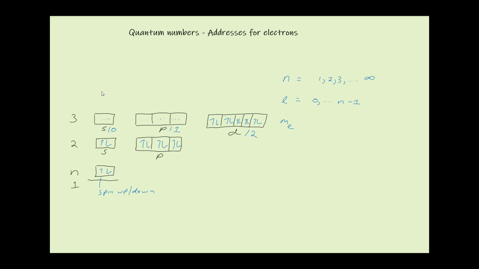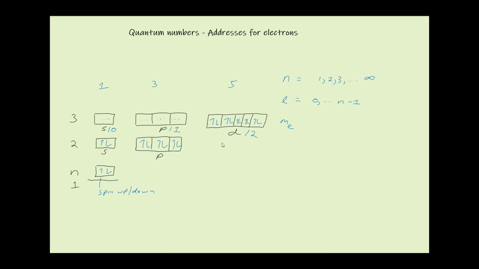When L is 0, the number of rooms is 1. When L is 1, the number of rooms is 3. And when L is 2, the number of rooms is 5.